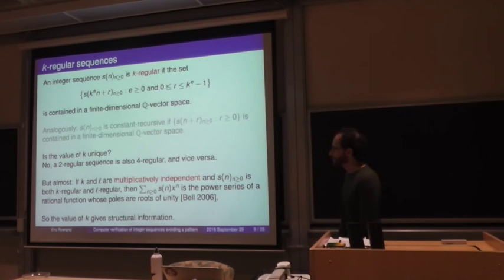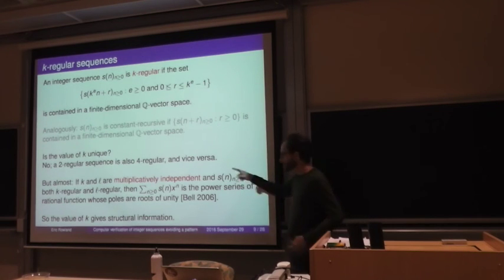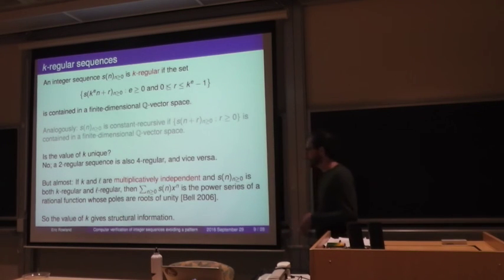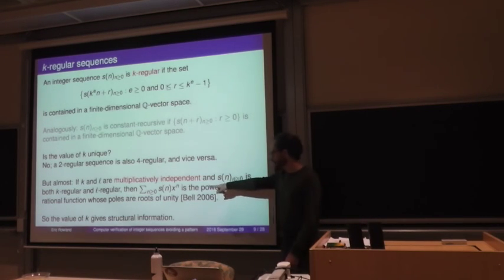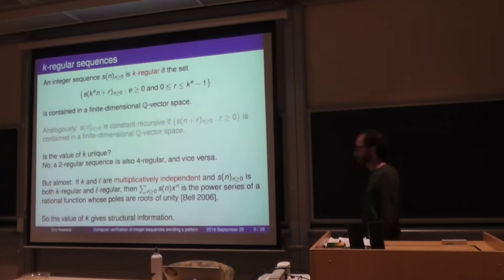If k and l are multiplicatively independent, which means that no powers of them can be made equal, so 2 and 4 are multiplicatively dependent, and 6 and 36 are also multiplicatively dependent. But if you have two numbers that are multiplicatively independent, and you have some sequence that is both k-regular and l-regular, then your sequence is very simple. It's very restricted. The generating function has to be the power series of a rational function whose poles are roots of unity.